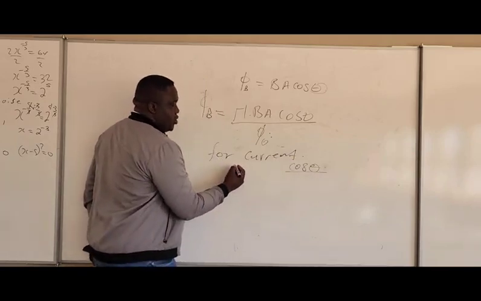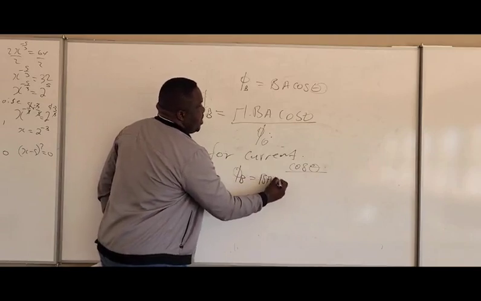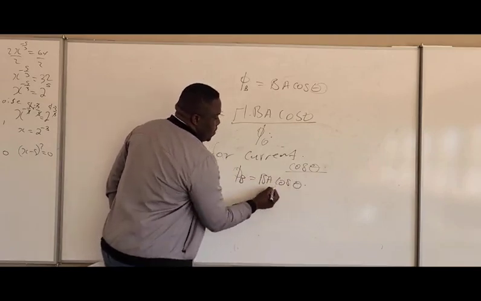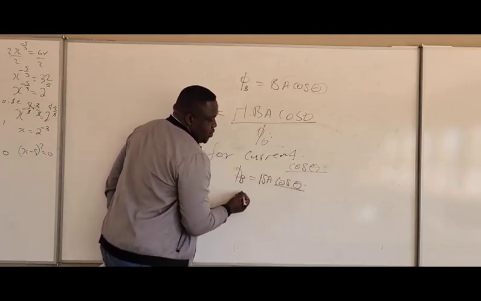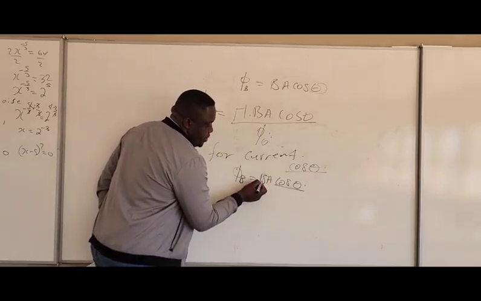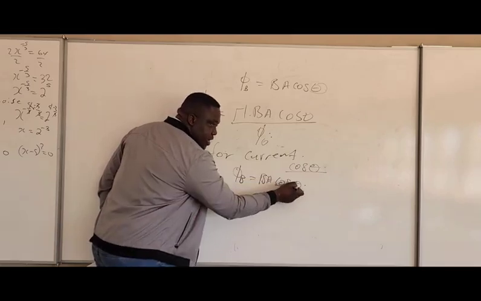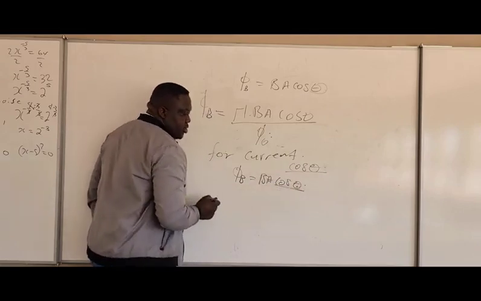What do I mean by we use cos theta? Just like in this formula, whereby we have BA cos theta, B is the magnetic field, A is the area, and theta is the angle between the magnetic field lines and the normal of the coil.